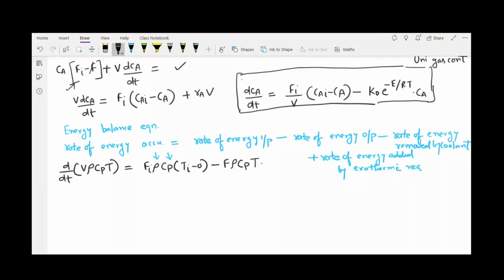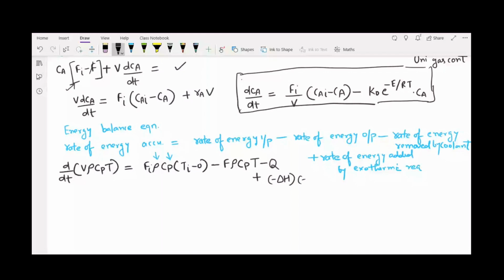Rate of energy removed by coolant: suppose this is Q. And then the rate of energy added by the exothermic reaction. For this we will have to write minus delta H, and then minus RA, and then volume.